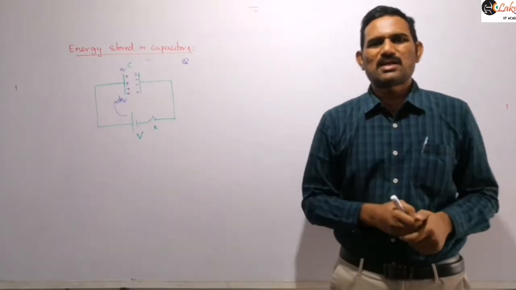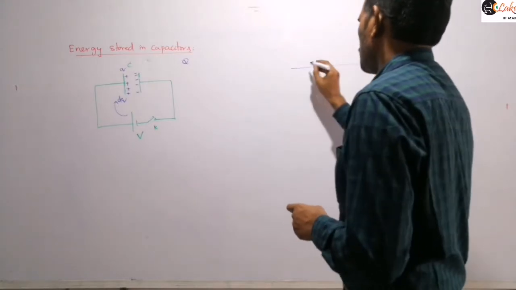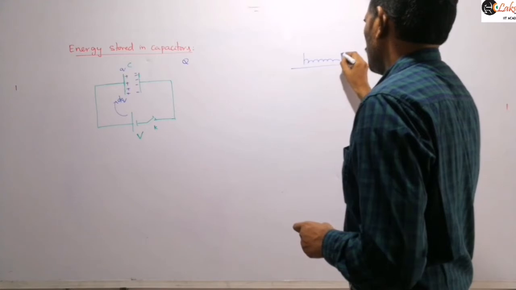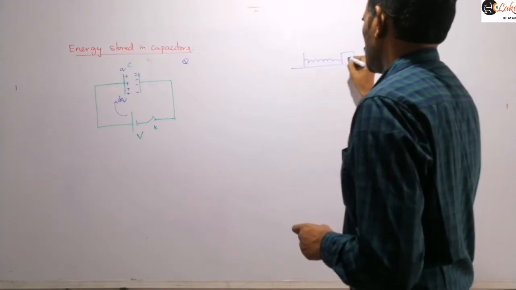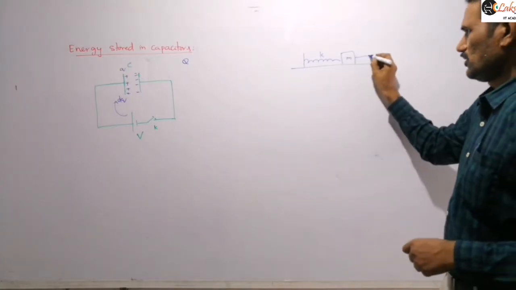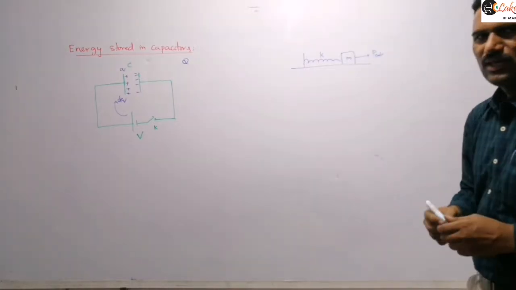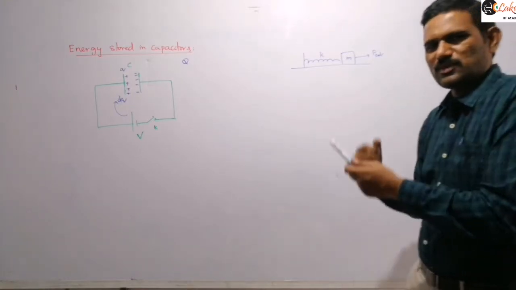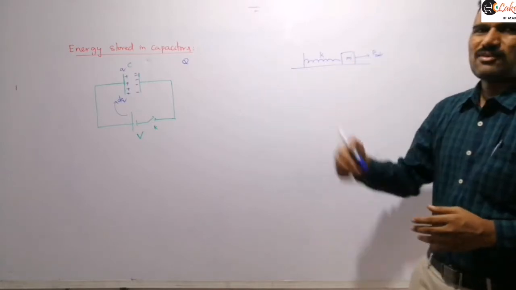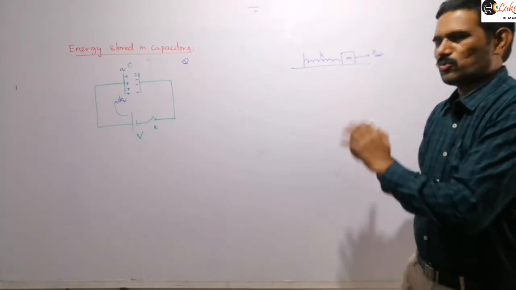Because if you take our spring system, suppose a block of mass M is connected to a spring of spring constant K. If you pull this using some external force, the length of the spring will increase, and when the length of the spring increases, some energy will be stored. That is nothing but what we call elastic potential energy.